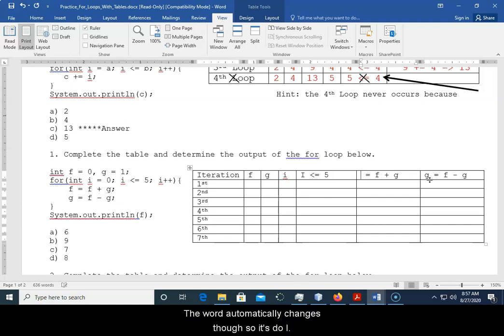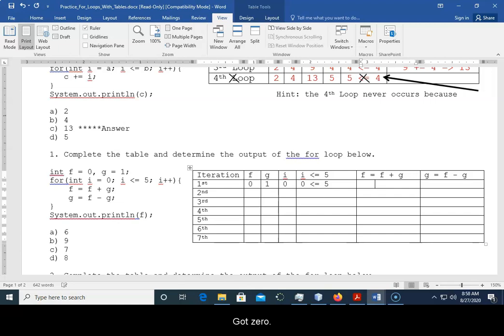The word automatically changes though, so let's do I. There we go. Okay, f is 0, g is 1, and I is 0. So is 0 less than or equal to 5? And so what do I got here?